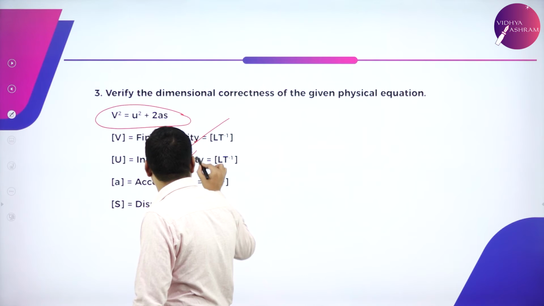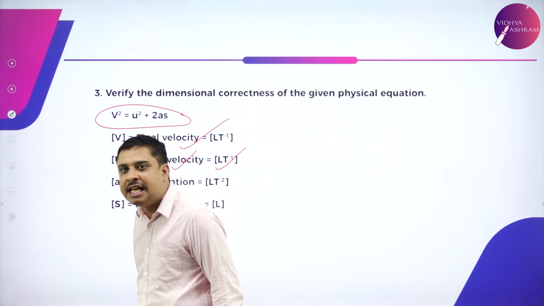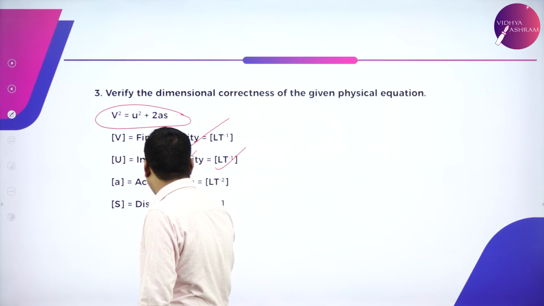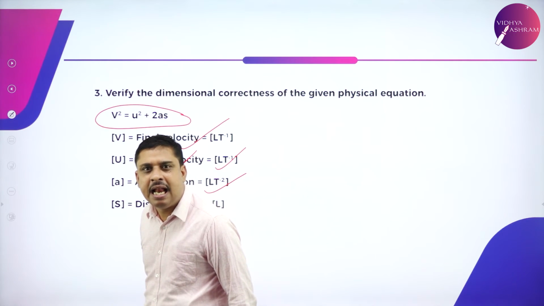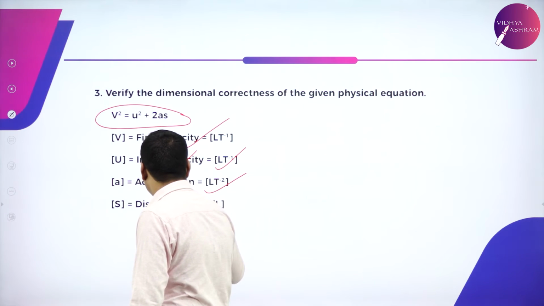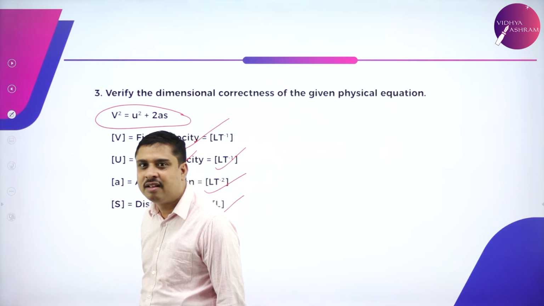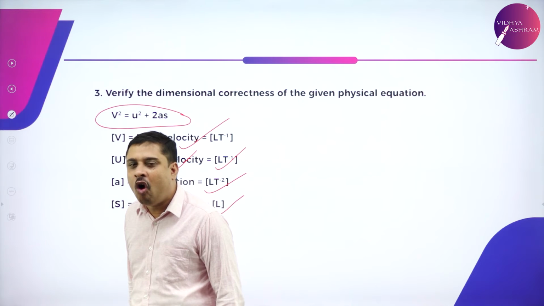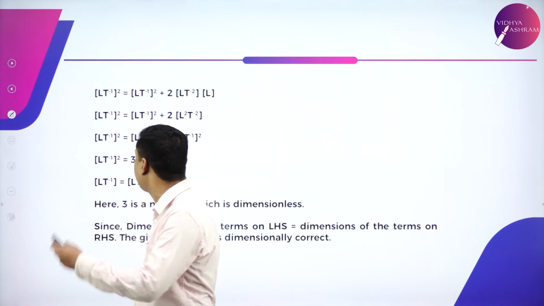U, initial velocity, dimensions LT minus 1. A, acceleration, LT minus 2. S, displacement, which is L.